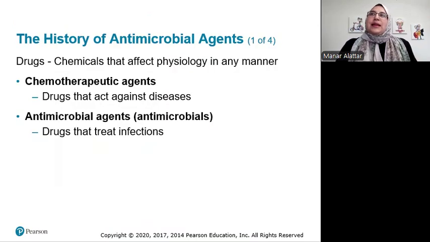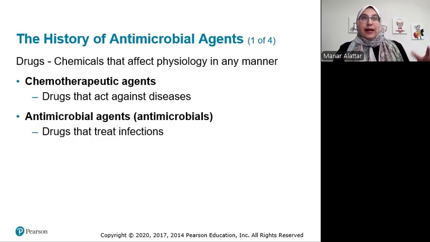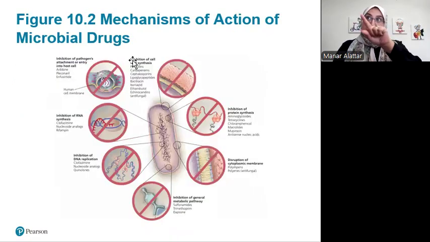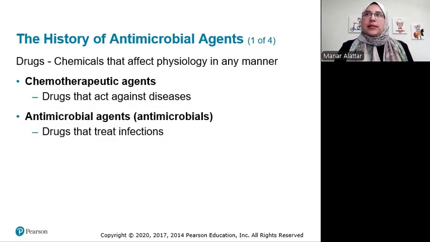Okay. So when we're looking at the various types of antibiotics or antimicrobials, various chemical agents that we might use to actually attack a pathogen, there are a number of different terms that are important to that discussion. So we have chemotherapeutic agents, which are just generally drugs that act against diseases or pathogens.